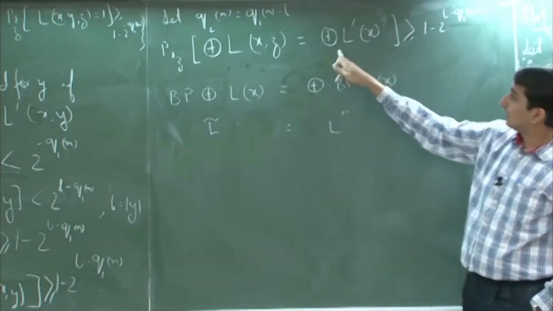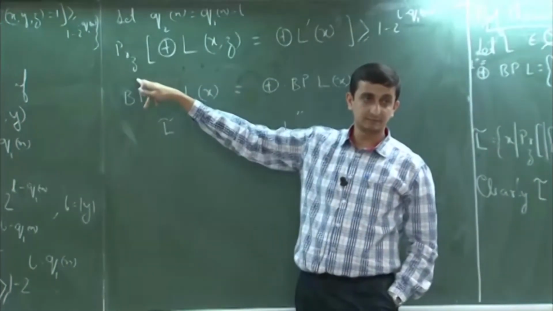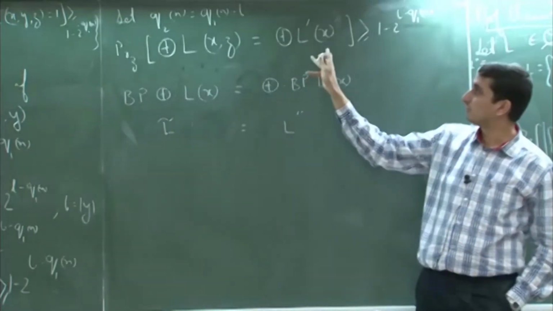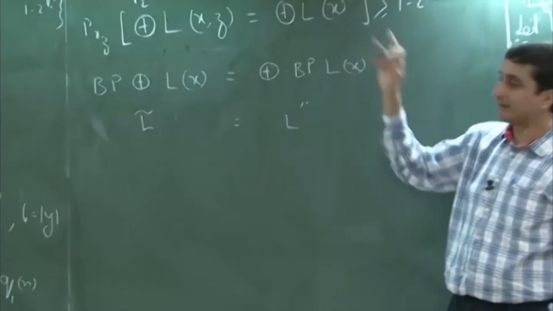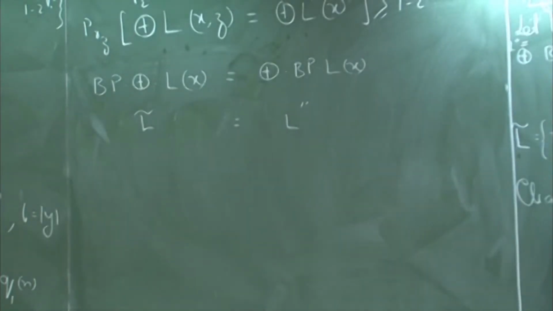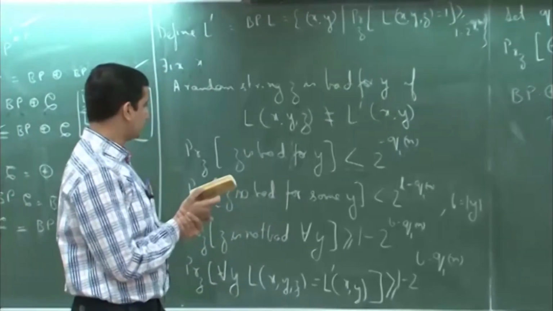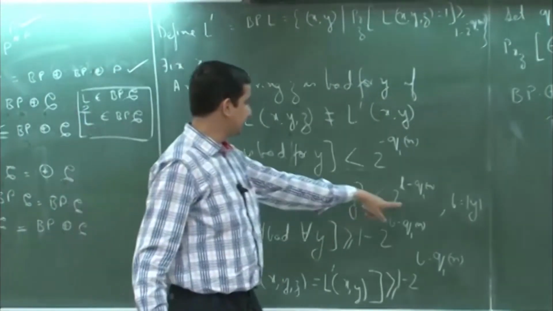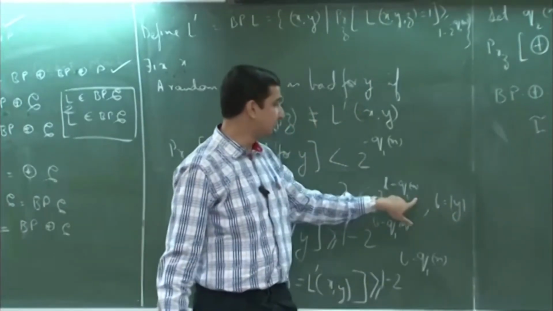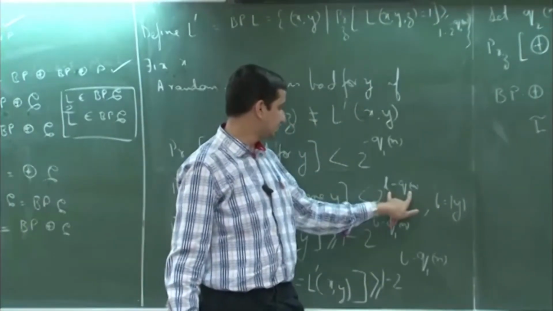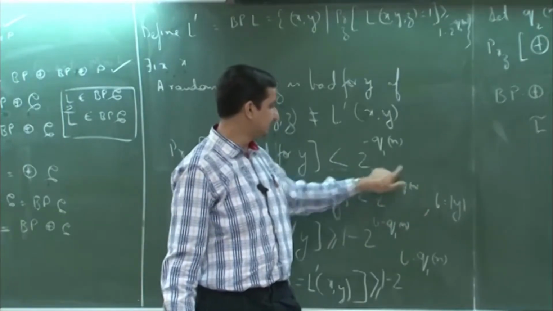Why didn't we put BP on the right hand side also? Because see, this predicate doesn't depend on the random string. So this predicate is true for all x's. I just started off with an x, and this predicate is true for that x. Okay. So the reason why I said that this might not be true for all classes C is because here I am assuming that my y has length L, which is some polynomial. For this expression to make sense, this should be a polynomial.